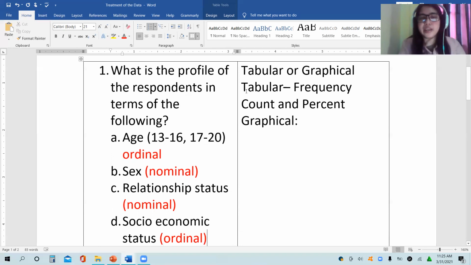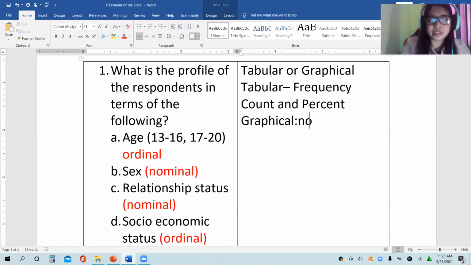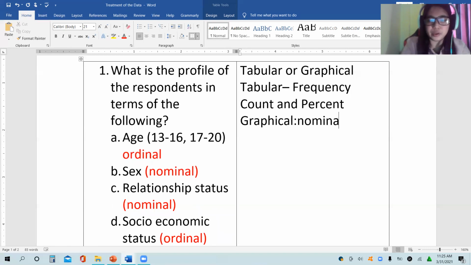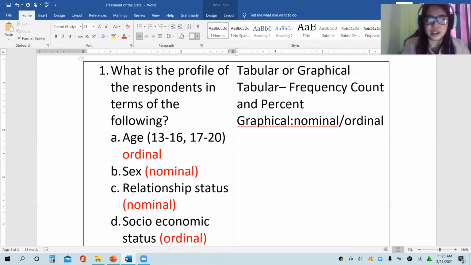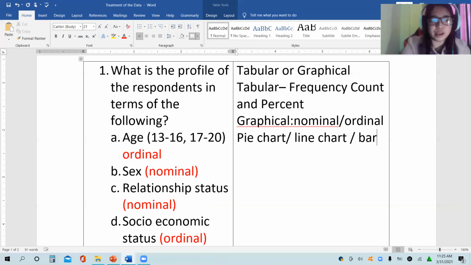So if you can still recall, since it's limited to nominal and ordinal, if the data is nominal or ordinal or categorical in general, the appropriate graph can be pie chart, line chart, and bar chart. So you can actually use any of these.